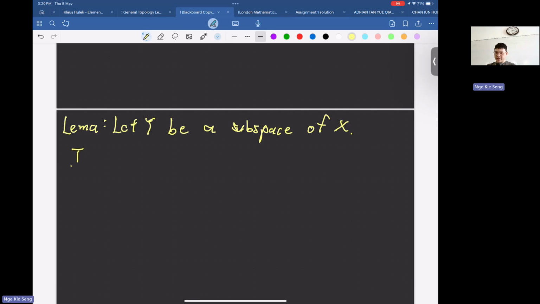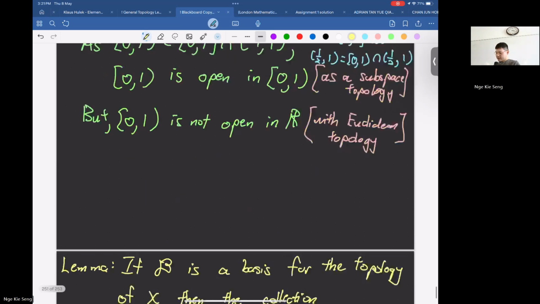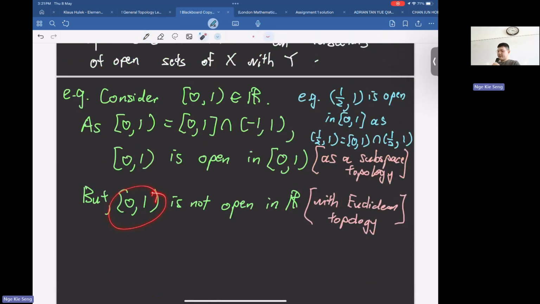The claim is, if U is open in Y, and very important, you need this condition, Y is open in X, only then is openness transitive. If U is open in Y and Y is open in X, then U is open in X. Just now I gave you that example already: the half open interval is open in itself, but it's not open in R.